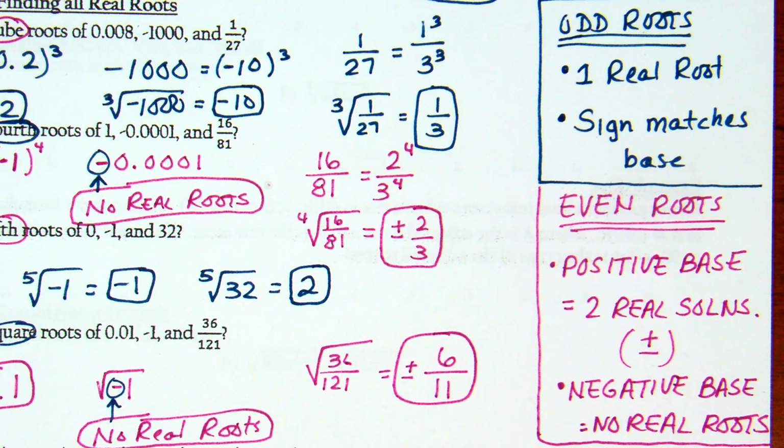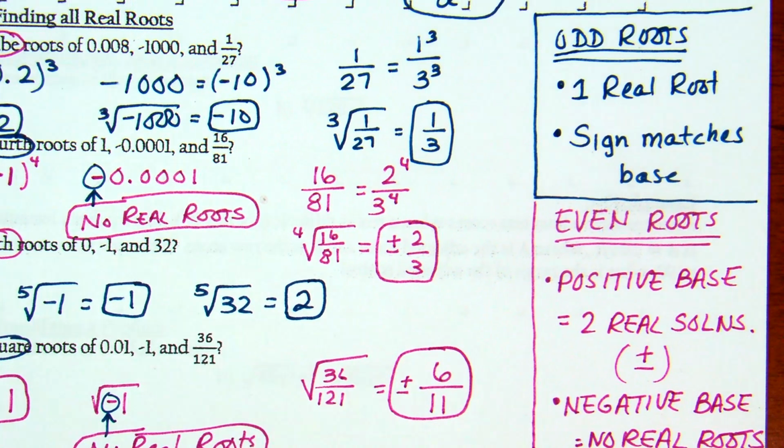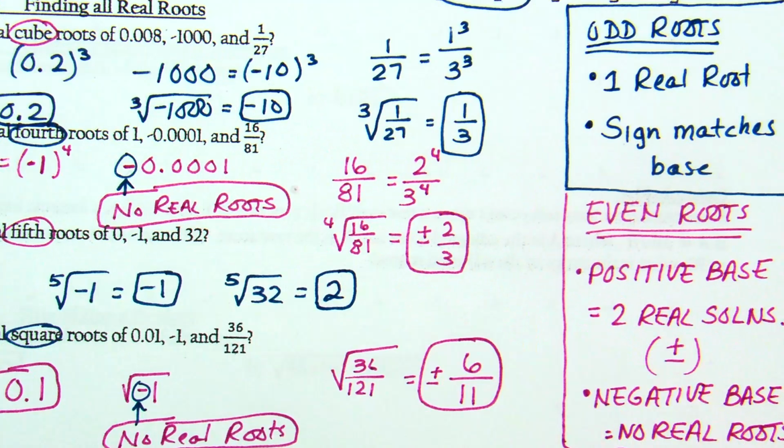So, realize there, that first box says odd roots. When I talk about odd roots, which roots did we do that were odd yesterday? Odd roots were when we talked about cube roots and fifth roots, right?